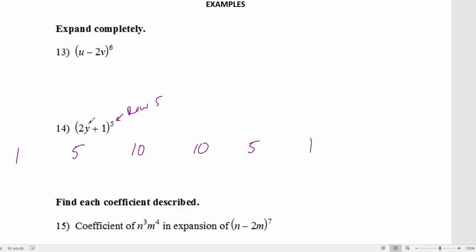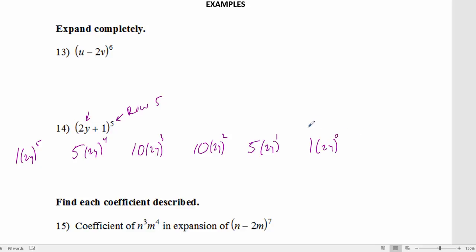Then I'm going to take my first term and write it, starting with this number and going down. So 5, 4, 3, 2, 1, and 0.